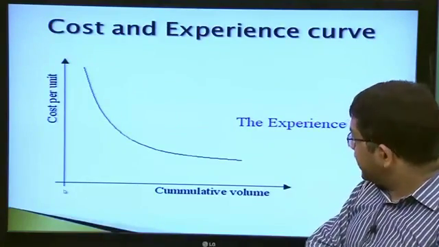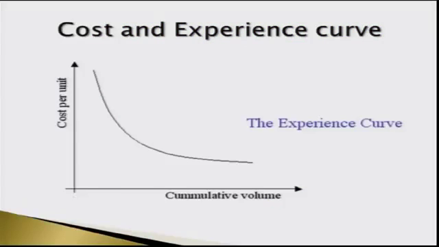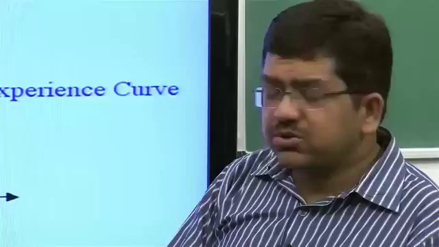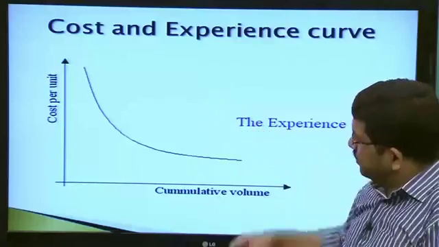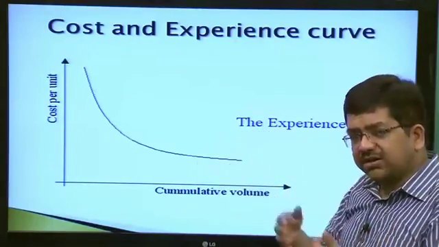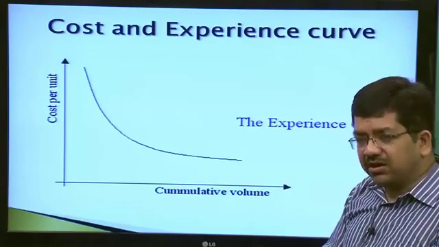Another important aspect that we need to understand from a marketeer's point of view is the cost and experience curve. This is something very critical: if you are a player who is staying in the market for a longer time, or if your production levels are on a higher side, you will be in a more advantageous situation, because the more units you produce and the longer you are in this process of producing something, you will start learning.